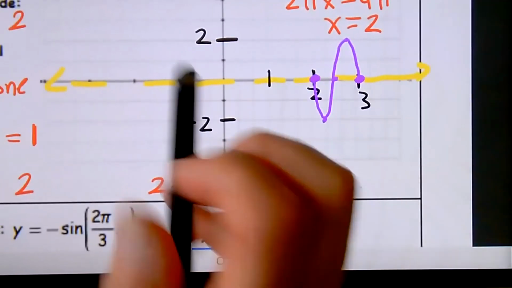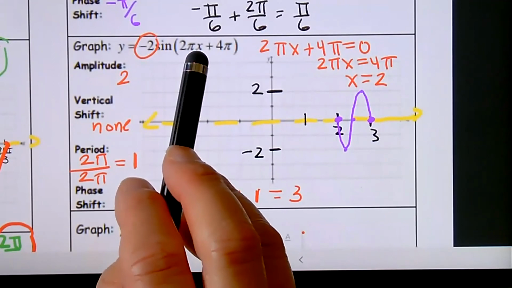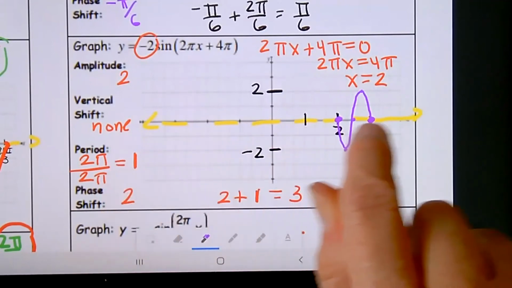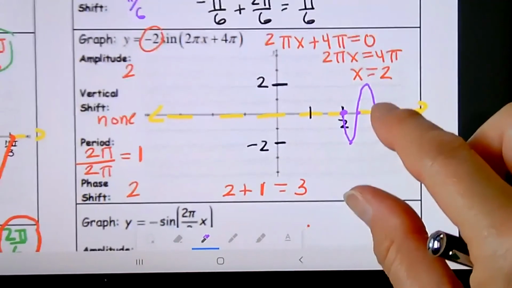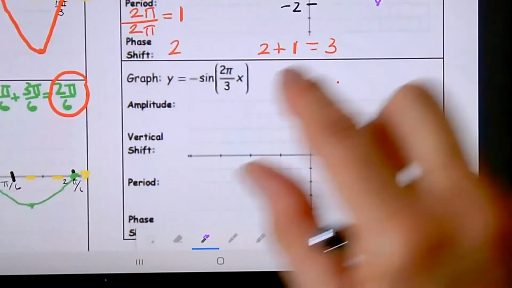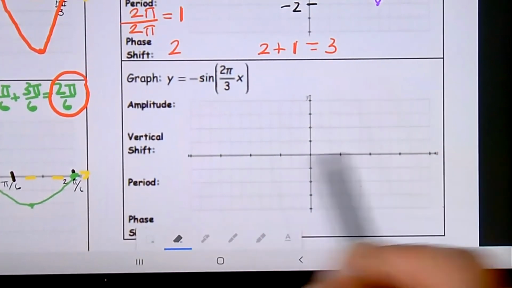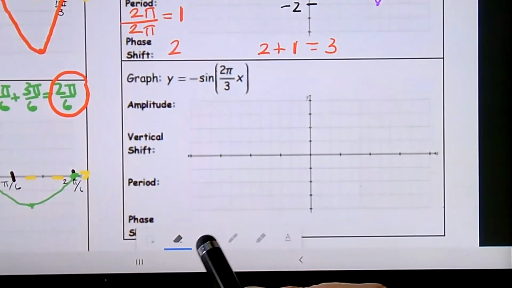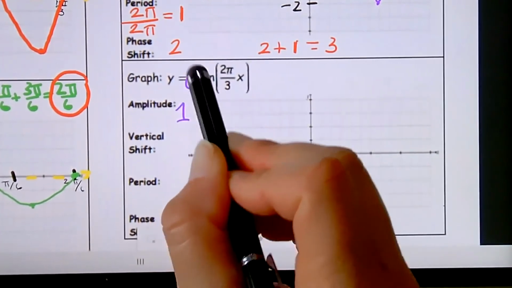And anytime your B has pi in it, you're going to have normal numbers on your x-axis. Okay, so last one. You'll notice that I have a pi here, so this one is also going to have normal numbers. My amplitude is 1. It's actually negative, so I have to be careful with that.